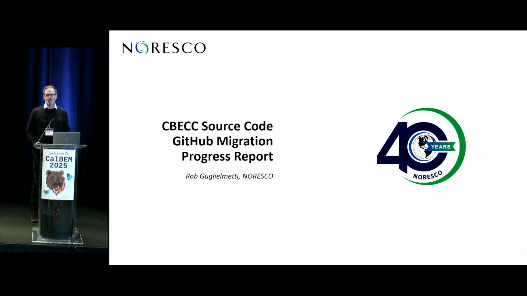Thanks for giving me the 5 minutes to talk to you guys today about this project that we've been working on for a couple years now, and it's been known as the GitHub migration, or GitHub project.